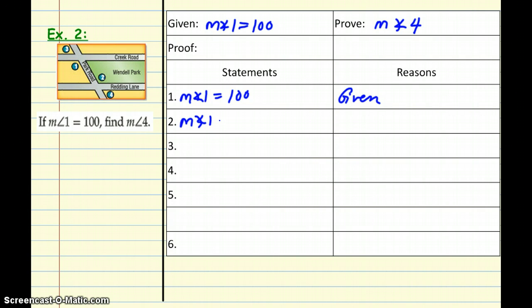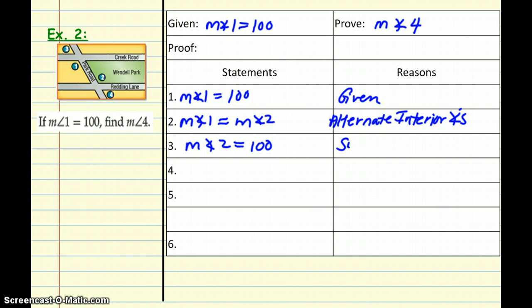Measure of angle 1 is equal to the measure of angle 2 because of alternate interior angles. The measure of angle 2 is equal to 100 degrees, and that's for substitution. And I reflected it as well. I just put the 100 obviously over here on the right hand side.